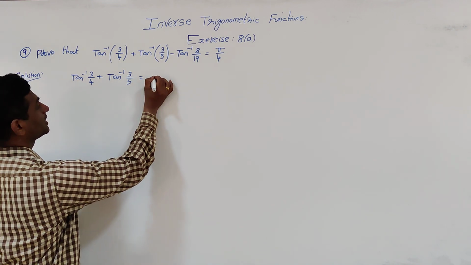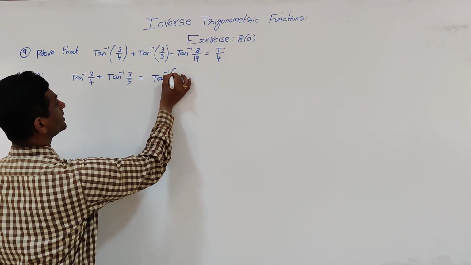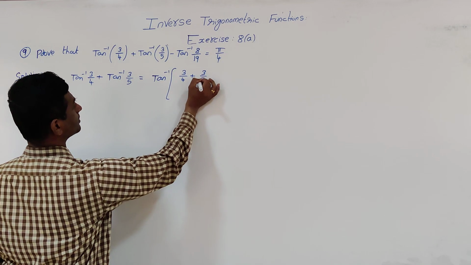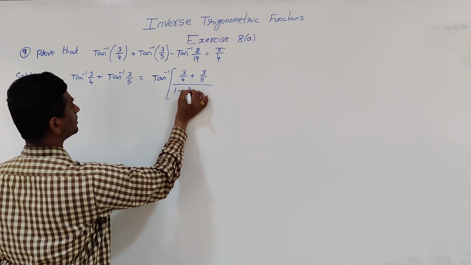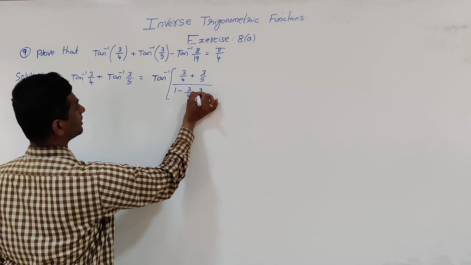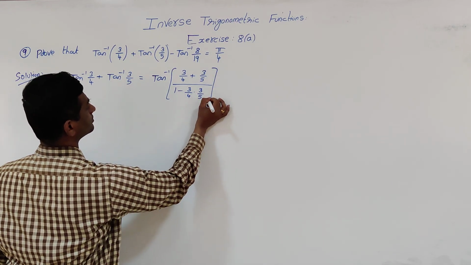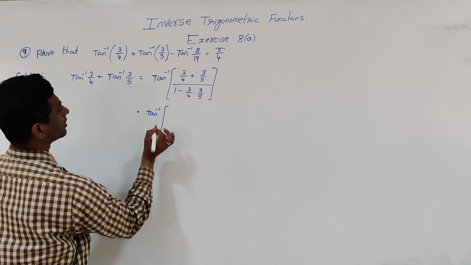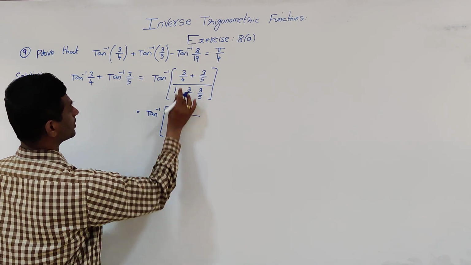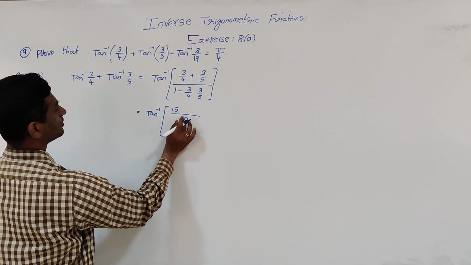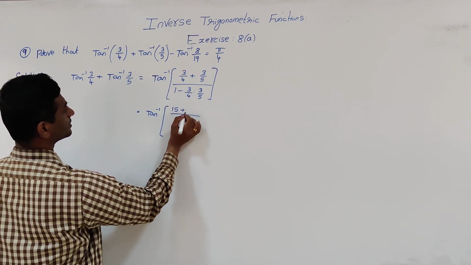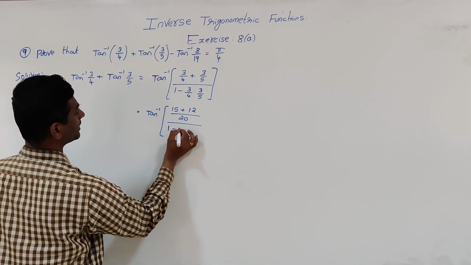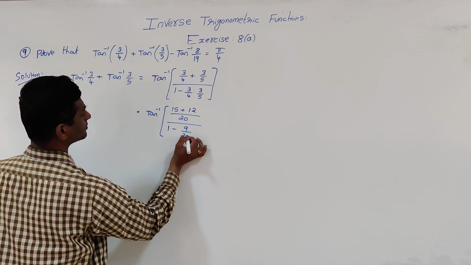So it can be written as tan inverse of (x plus y) by (1 minus xy), 3 by 4 plus 3 by 5 by 1 minus 3 by 4 into 3 by 5. So tan inverse of, LCM will be 20, and this gives 15 because 5 3s are 15, plus 4 3s are 12, by 1 minus 9 by 20.